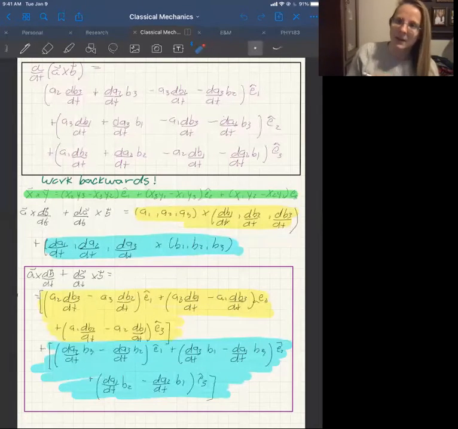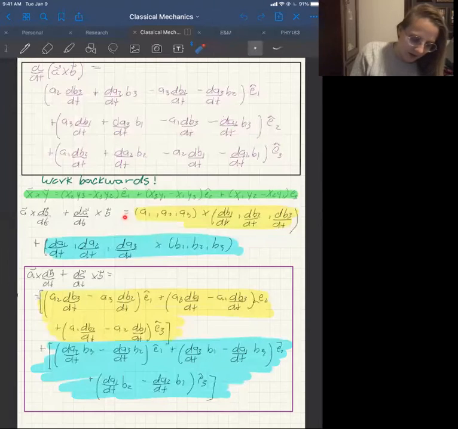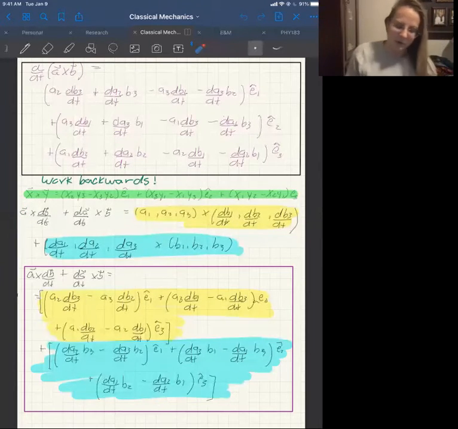So I'm going to start with the right side of the equation, which is the dot product, the product rule already worked out. I'm going to do a very similar thing. I'm going to expand all the vectors. For the regular A and the regular B vector, that's pretty simple.